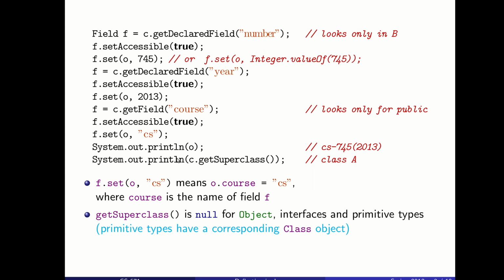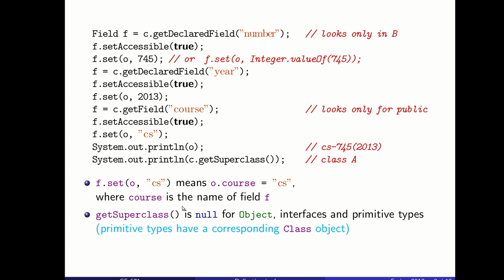C was the one that we got from a B object, so C would be the class for B. Its superclass is A. So we've essentially been able to do the same as o.course equals CS, except this line wouldn't work unless o was a variable of type B. So we've been able to get what the class was, and we've been able to pick up the particular field, that it was the course field, and to set a value for it without a variable of that specific type.